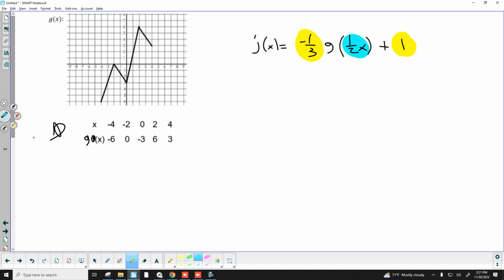Okay. Now, outside is normal, as expected. I would take my y's, multiply them first, and then add. So, my yellow transformations are take my y's, multiply them by negative 1/3, and then add 1. Please do that with your y's.